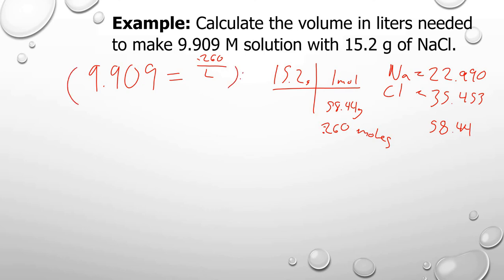So you multiply both sides by the L. And it's 9.909 times L equals 0.260. And you divide it by 9.909. And then whatever that is. That is it. Just put it off to the side.